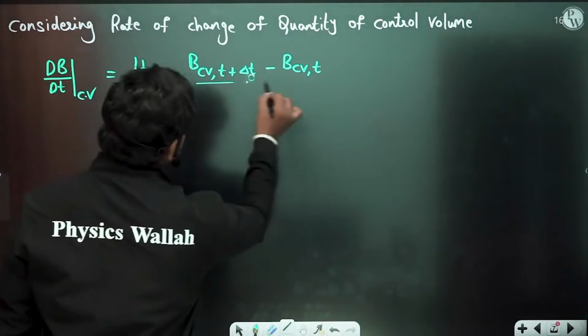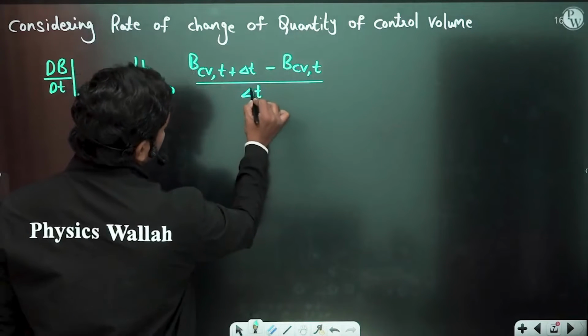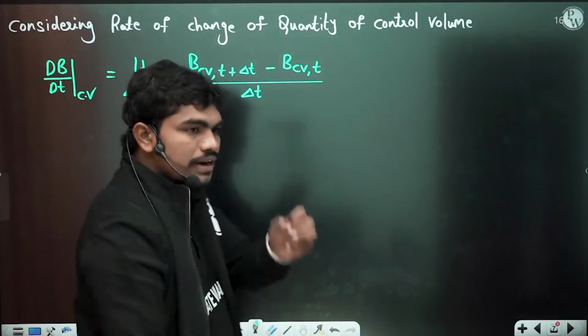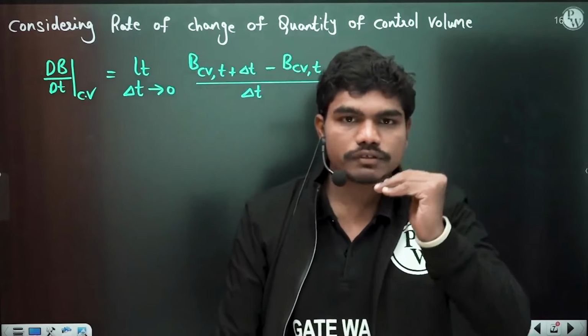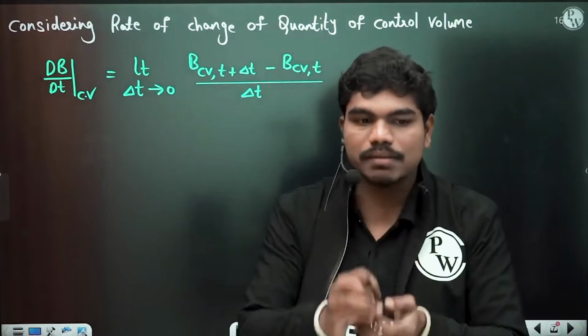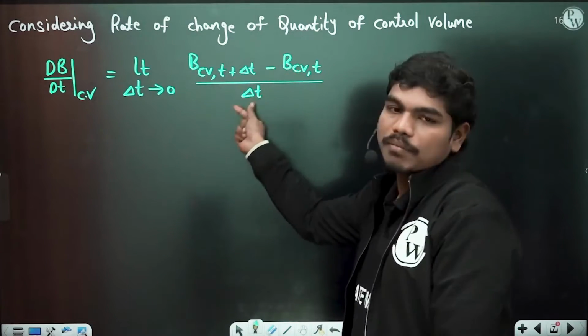Yes, because as per the first principle of differentiation, within a small time delta t, if the property is changing, then the rate of change of the property within that small time interval is nothing but the change of the property taking place in this small time interval.